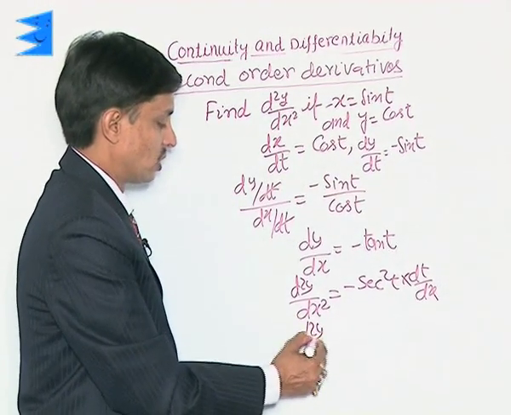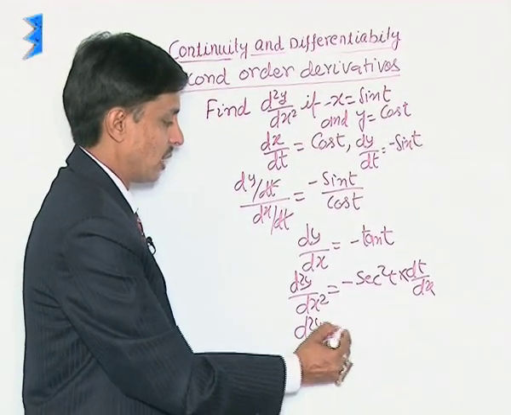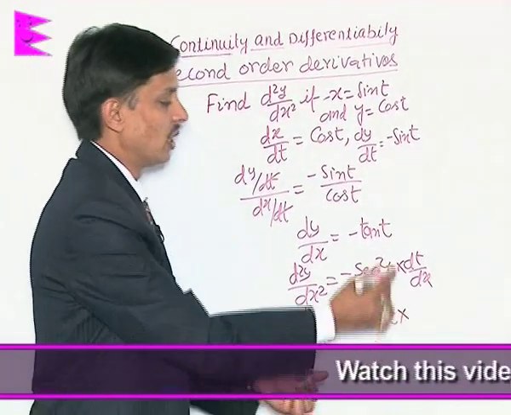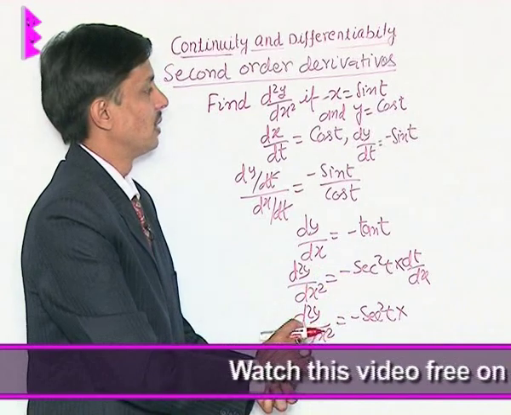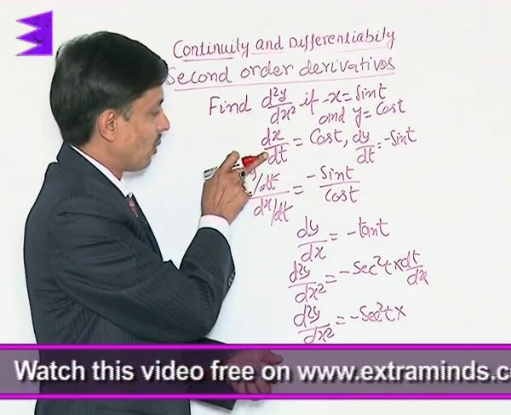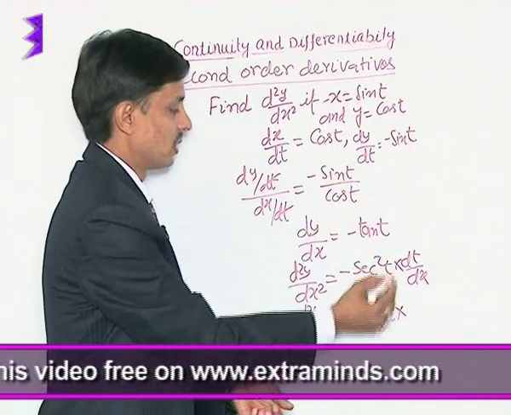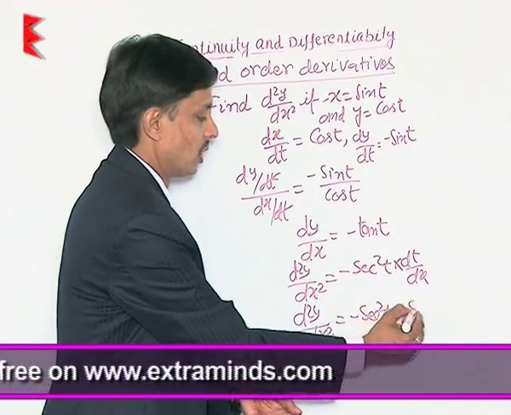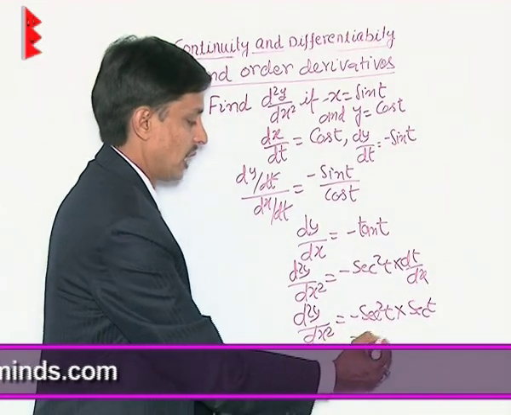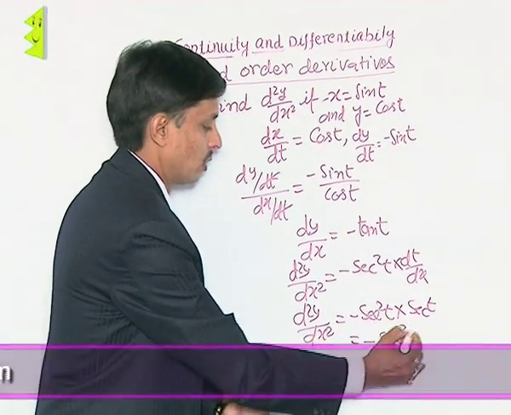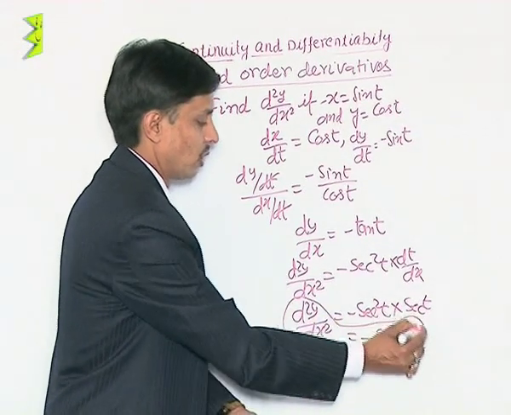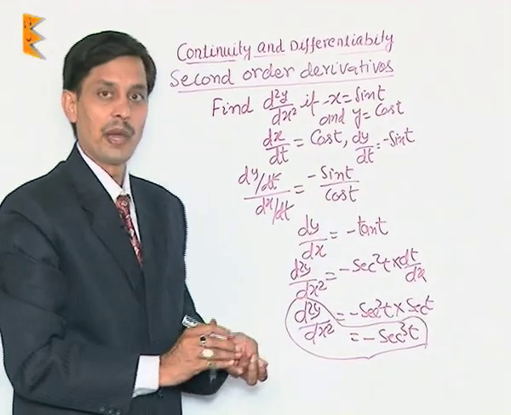Hence, the answer of d2y upon dx square becomes minus of sec square t into dt upon dx. The value of dx upon dt is cos t, that's why the value of dt upon dx will be sec t. So the answer becomes minus sec cube t. This is the second order derivative of the problem in parametric form.